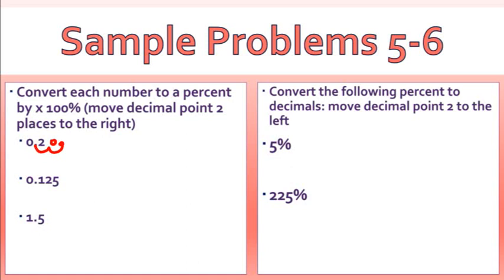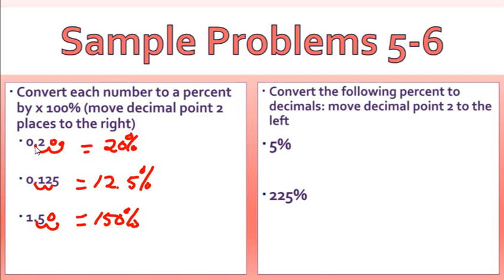My decimal point is now here. So that would be 20%. 0.125 or 125 thousandths. Move it 2 places to the right and I get 12.5%. And 1 5/10, 1, 2. And so now I have 150%.